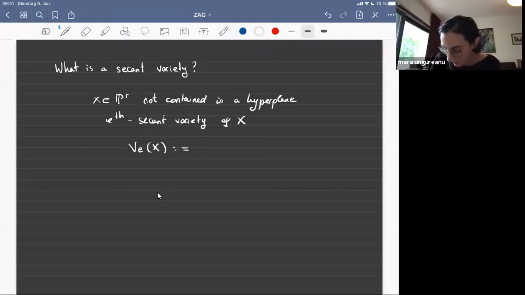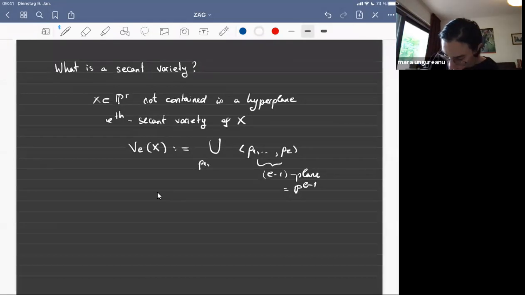I'm going to take e points in general position, P1 up to Pe, and consider the (e−1)-plane that they span. By an (e−1)-plane, I mean a projective space of dimension e−1. And I'm going to consider all of these that I can possibly think about on my variety, and I'm going to take the Zariski closure of it.